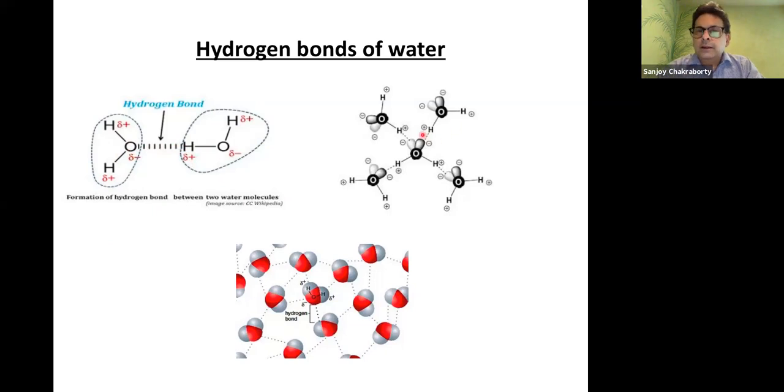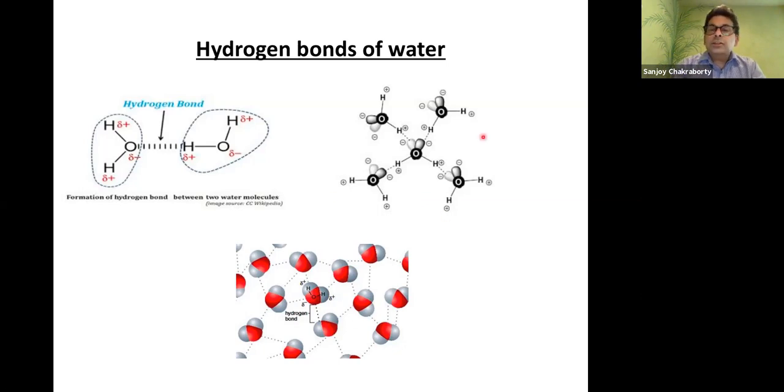Look here, this oxygen and the neighboring hydrogen form a hydrogen bond. This same oxygen, because it has two delta negative, forms a hydrogen bond right there. This weak attraction between neighboring molecules, we call hydrogen bonds. So that's the third variety of bond.